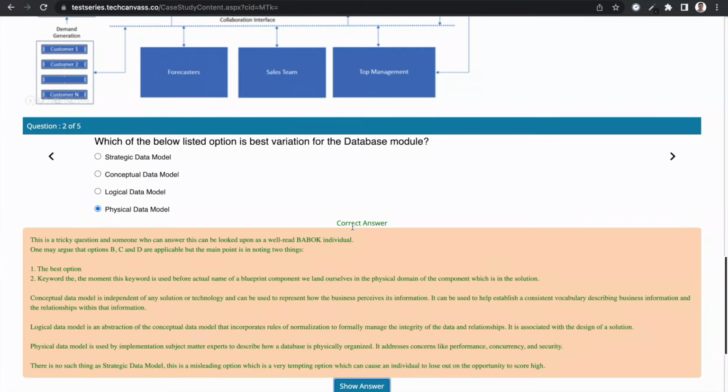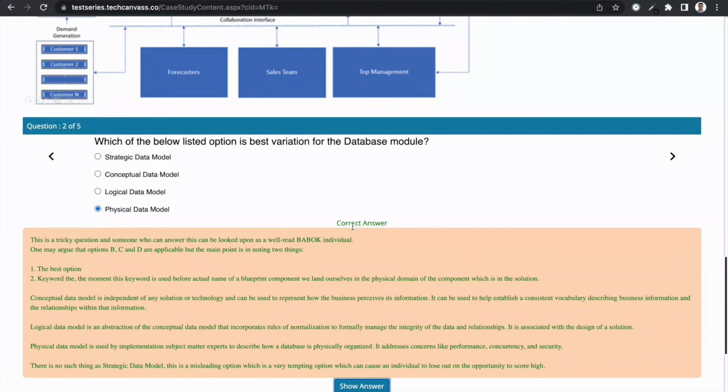The moment the keyword strategic is used before the actual name of the blueprint component, we land ourselves in the physical domain of the component, which is the solution. So yes, physical data model is the correct answer.